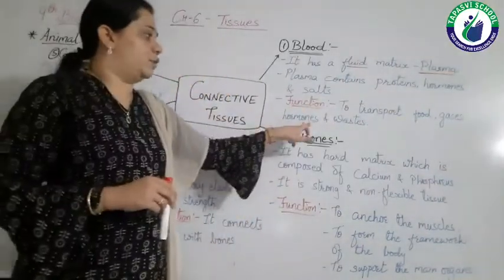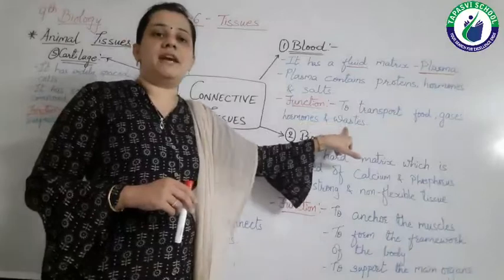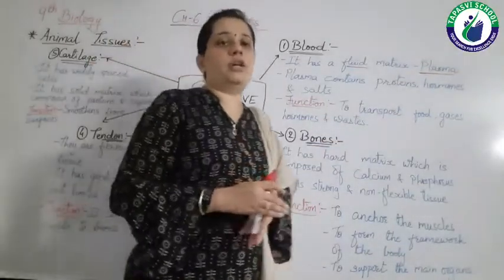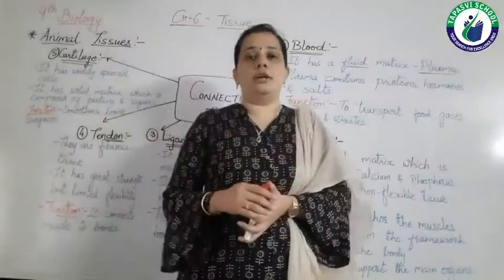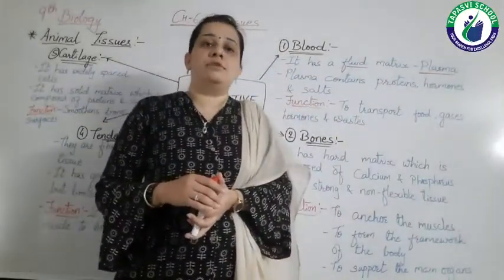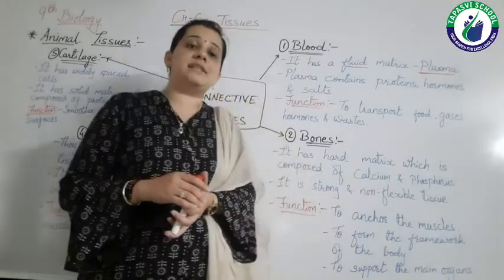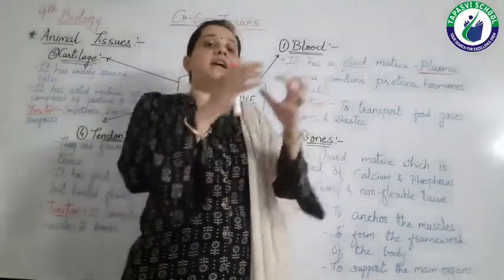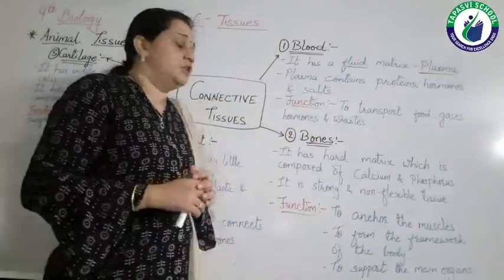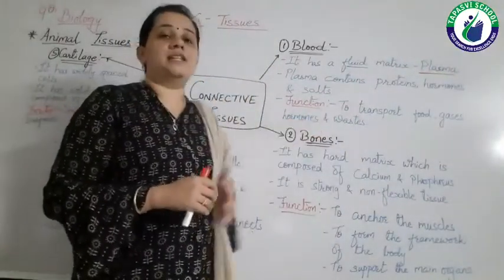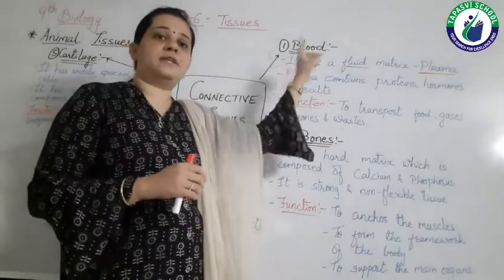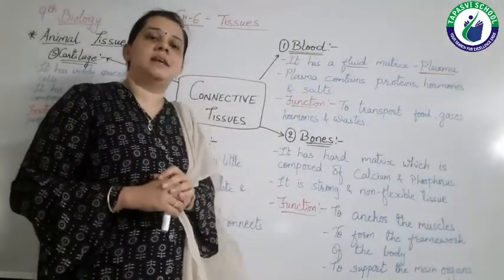And it transports the hormones and waste from one part or one organ of the body to another organ, right? We must remove the waste from our body. So this waste is transported from various body parts to the kidneys, right? So blood transports all this. So this is about the first connective tissue, that is blood.